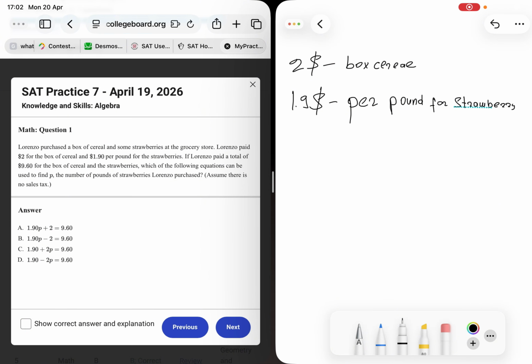Okay, if Lorenzo paid a total of $9.6 for the box of cereal and the strawberries, which of the following equations?